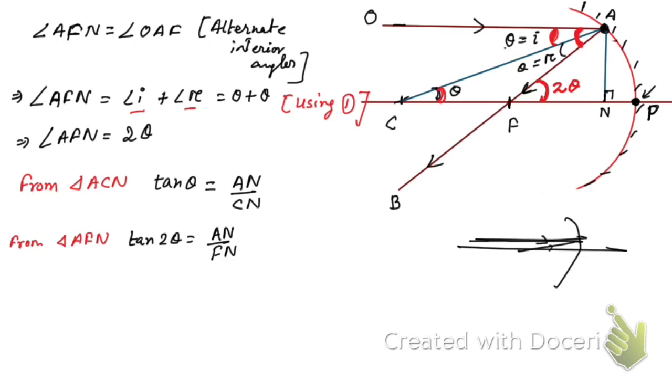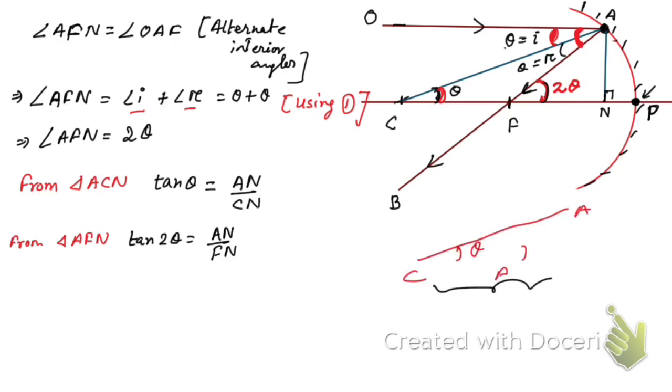Then this angle theta and 2 theta are going to be very small. And for a very small angle, tan theta is approximately equal to theta, and similarly tan 2 theta is approximately equal to 2 theta. Hope you have understood this.